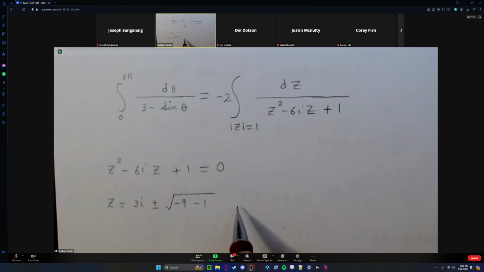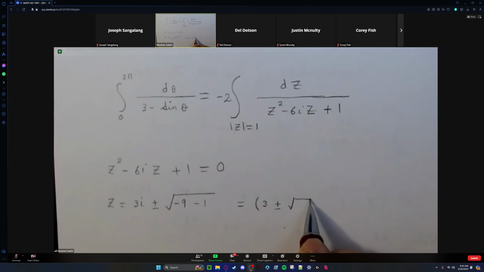So the zeros of the denominator are 3i plus or minus the square root of 10i, so I will factor out i. So it is 3 plus or minus the square root of 10, times i.